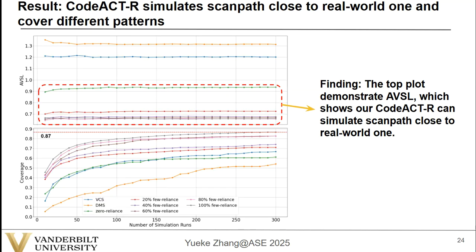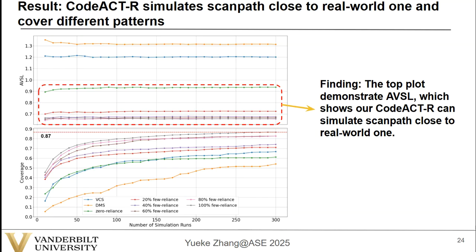And here's the result. The top plot is the AVSL. The y-axis shows the AVSL distance, and recall that lower is better. The x-axis is the total number of simulation runs, and the points are grouped by model type and the few reliance level.